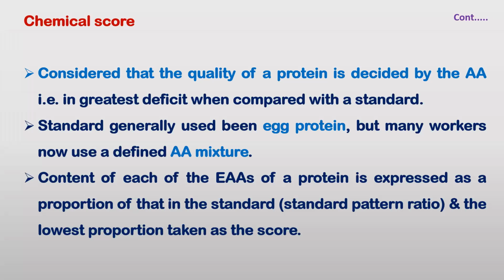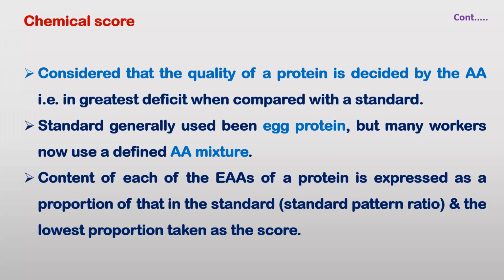Next to biological value is the chemical score, and how we can calculate the chemical score. The chemical score considers the quality of the protein, which is decided by the amino acids present in a particular diet. We look at the greatest deficiency when compared with the standard.